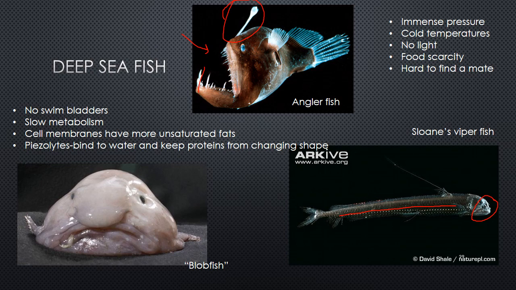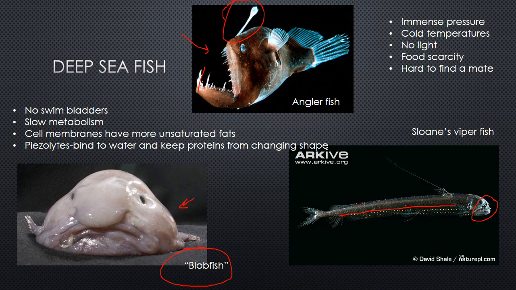So just to point out this lovely blobfish, it makes me laugh. He does not look like this in the water column. This is because everything that holds its body up within that immense pressure and cold, once you bring it up, he doesn't look the same anymore.